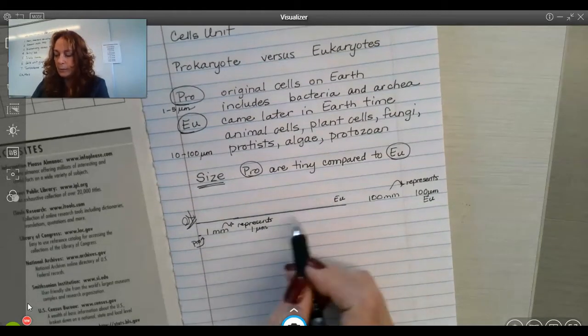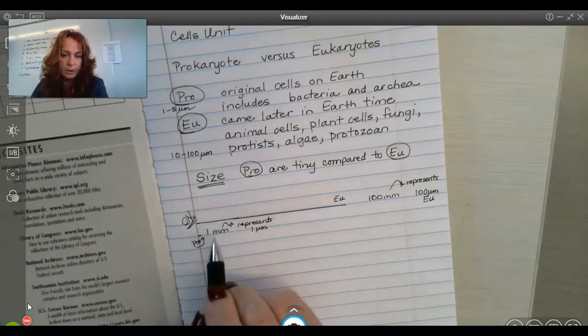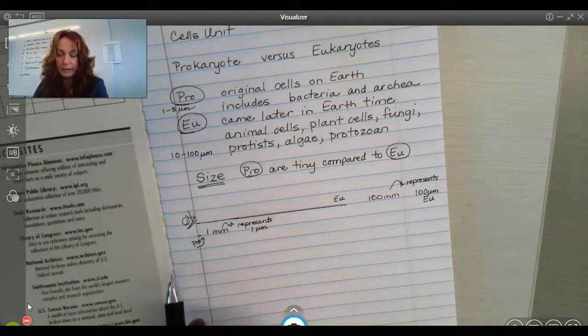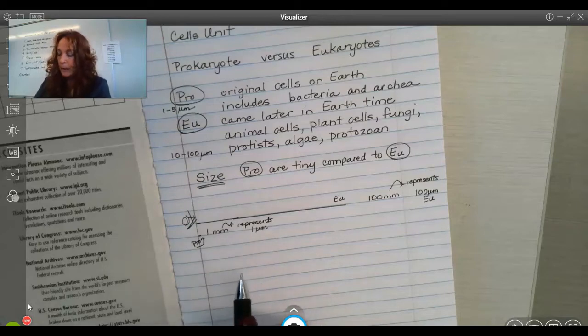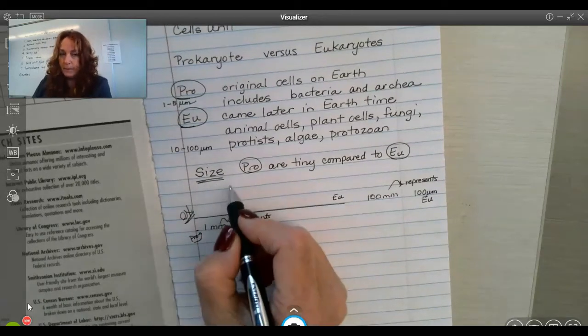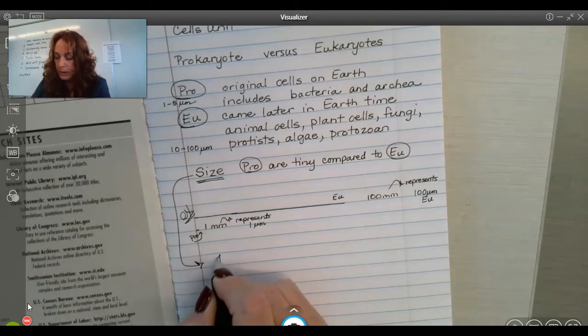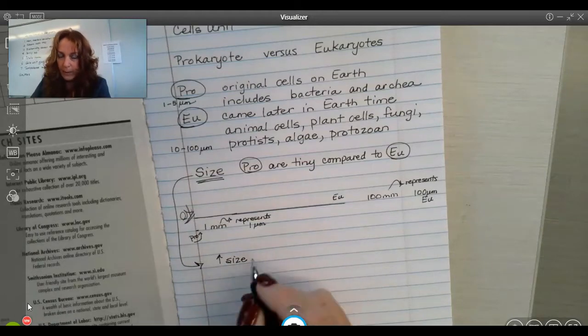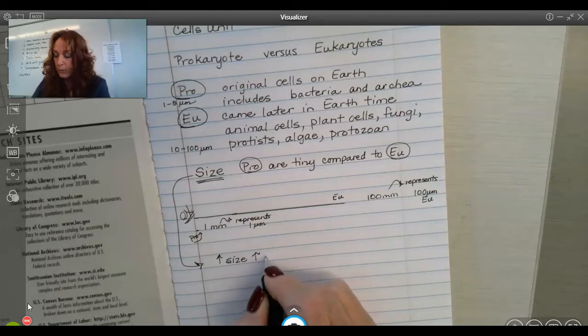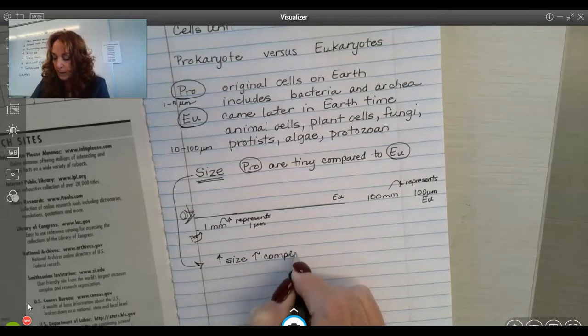So obviously we would make this more three-dimensional or whatever, but this gives us perspective of just, there's a huge difference in size. Size again, increase in size, most of the time biologically, at least when it comes to cells, is going to be the opportunity for an increase in complexity.